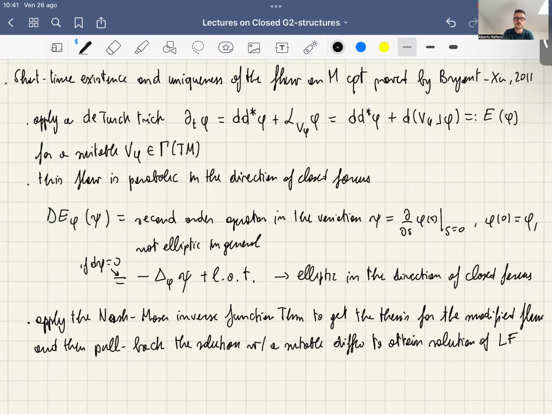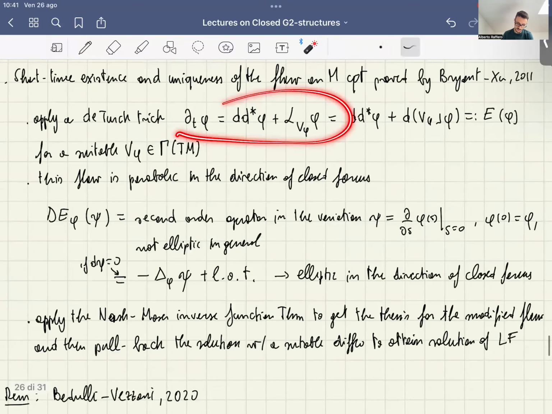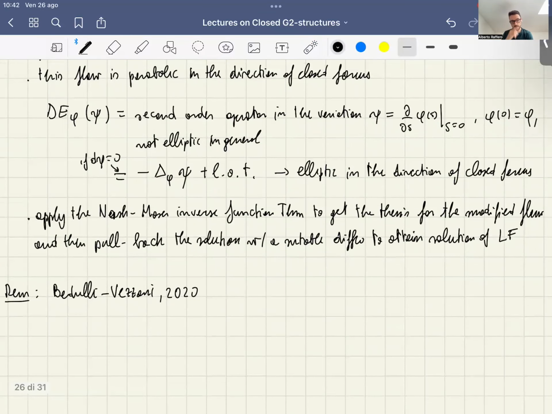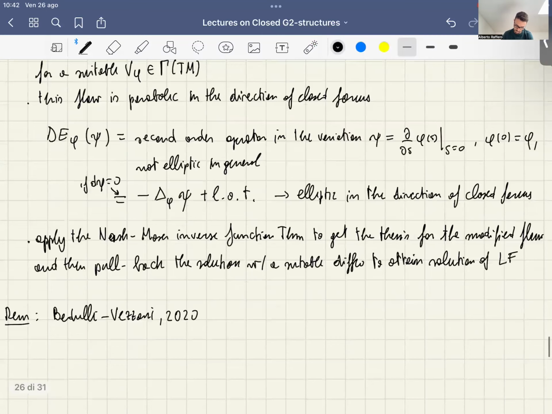Of course, there is a lot of work to do to achieve this result. And here, let me remark that recently, Bedulli and Vezzoni noticed that it is also possible to apply a general theorem by Hamilton contained in his 1992 paper on the Ricci flow to prove the short-time existence and uniqueness for this modified flow directly. because some treatable hypotheses are satisfied by this flow equation, and so you get immediately the short-time existence and uniqueness of the solution for the modified flow using this theorem by Hamilton.